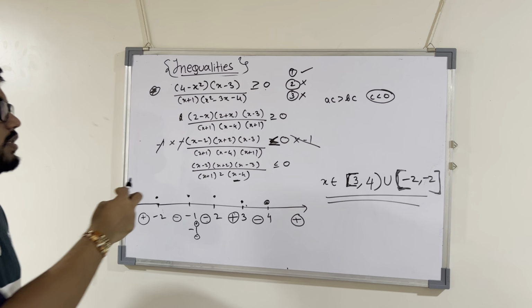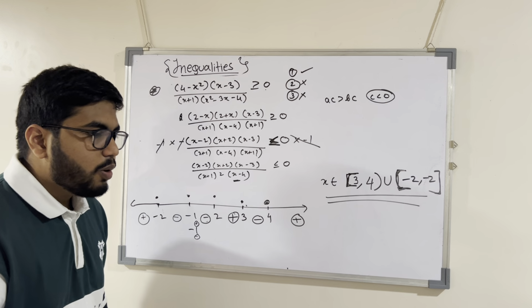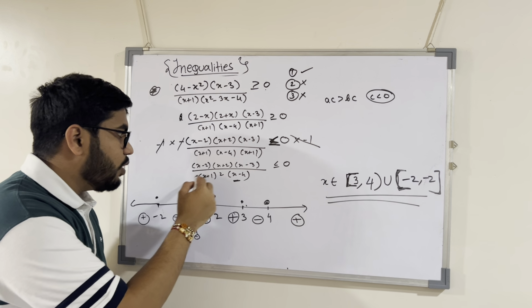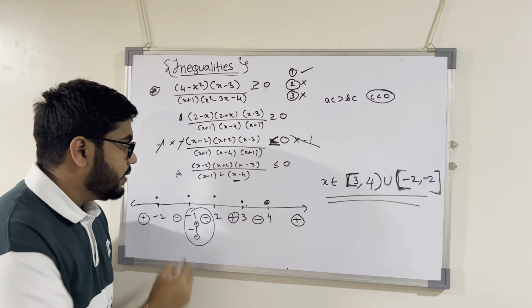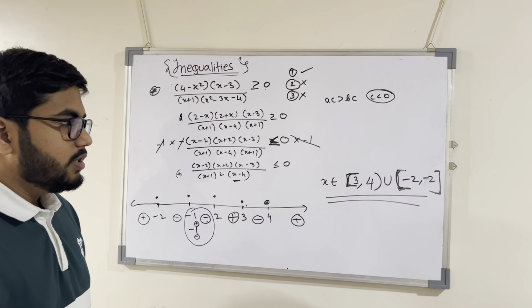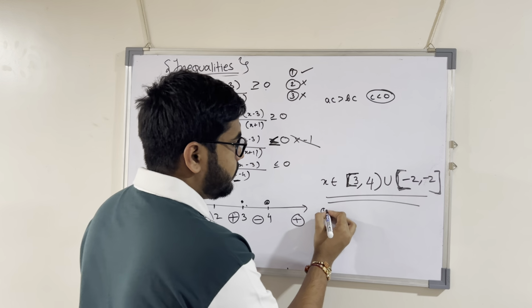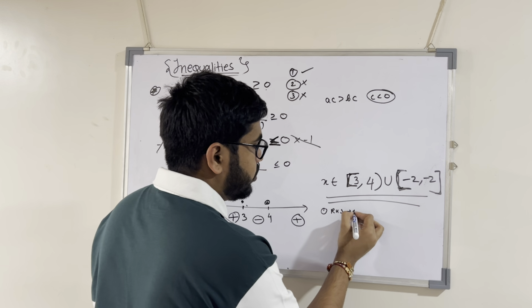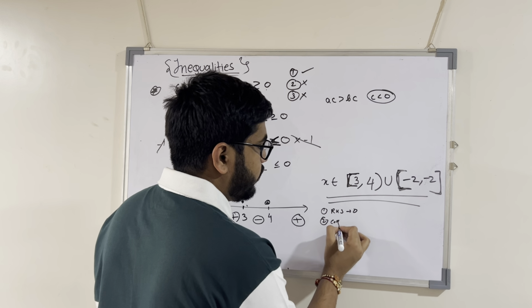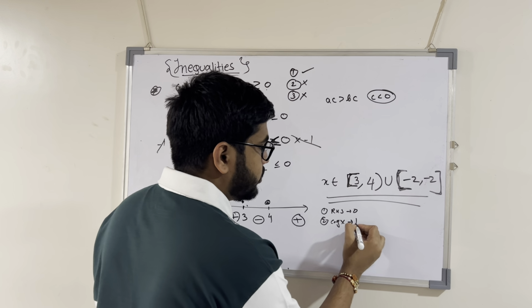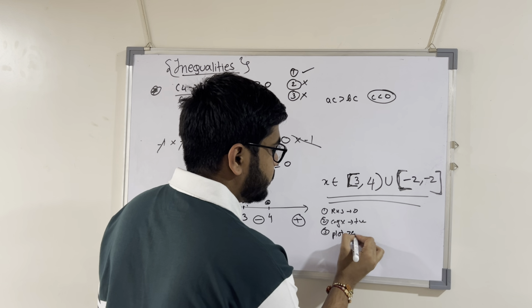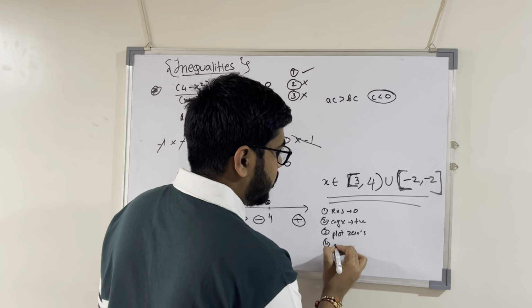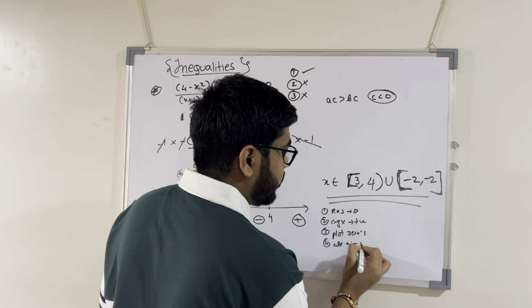Okay, so these are the ways in which you come across different problems in maths. Now if this square problem you had never solved, you might never come across this scenario, right? So what does the generalized rule say? Everything is the same: RHS 0, coefficient of x positive, plot zeros, start with alternate positive and negatives.